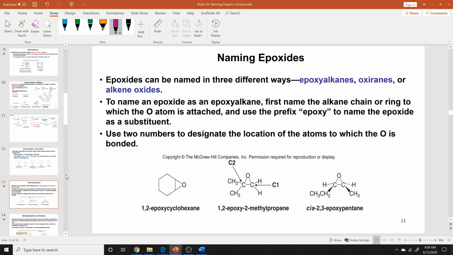To name it as an epoxy alkane, you would need to choose the longest chain that includes your cyclic ether, or your epoxide in this case. So my longest chain that includes my epoxide is this over here. It includes the epoxide. So you're going to end in the longest chain, which in this case is propane.